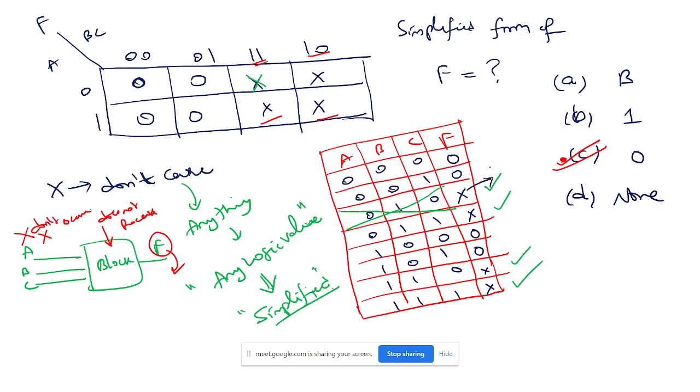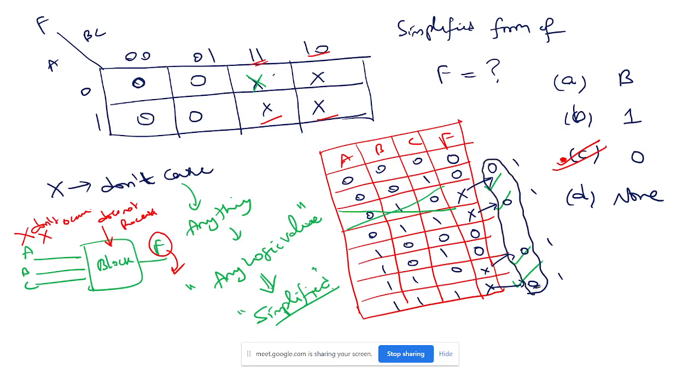So I can take 0 or I can take 1. What should I take? Should I consider 0 or should I take 1? If I take 0, I will get a more simplified form, right? Correct?